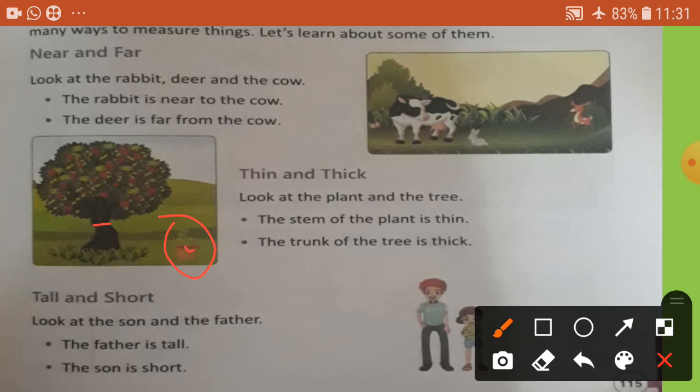The trunk of the tree is thick. So repeat again, thin and thick. The stem of the plant is thin and the trunk of the tree is thick.